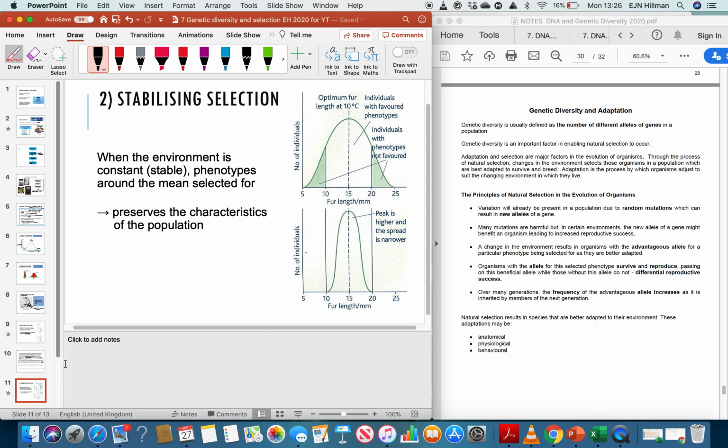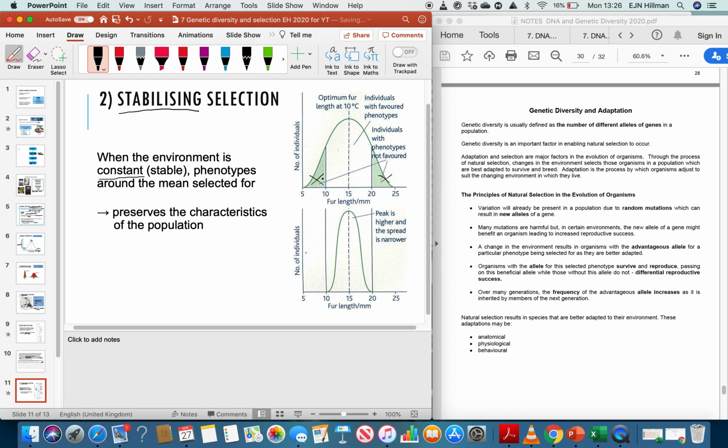Good. Right, the second type of selection we're going to talk about today is stabilising selection. So when the environment is constant, i.e. there's no environmental change, the phenotypes around the mean become selected for. Okay, that excludes the alleles at the extremes.